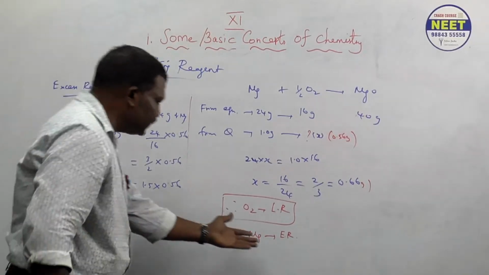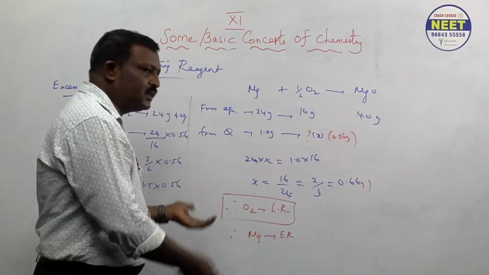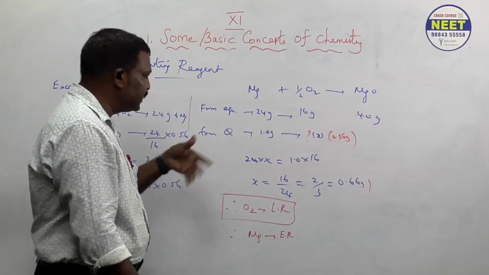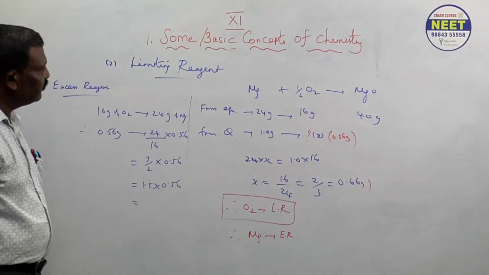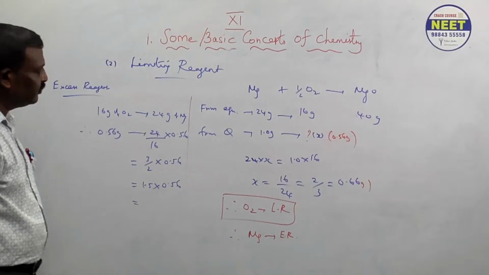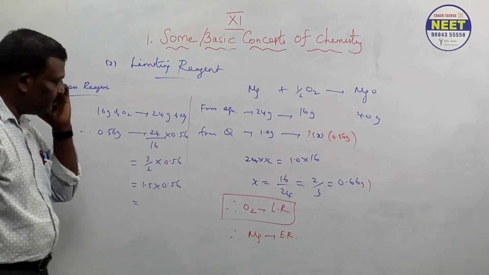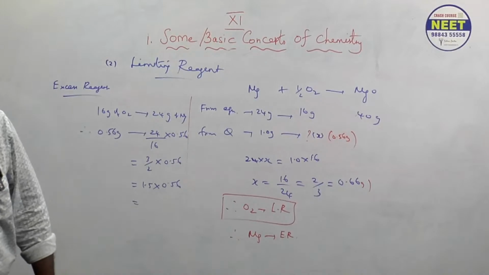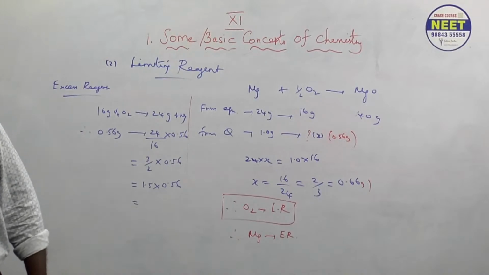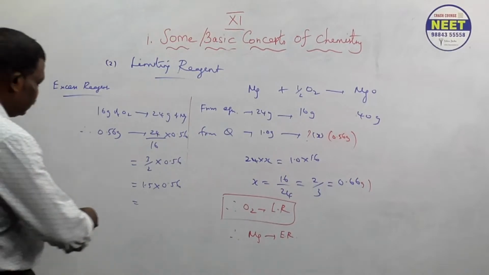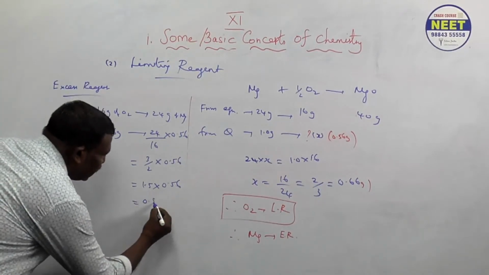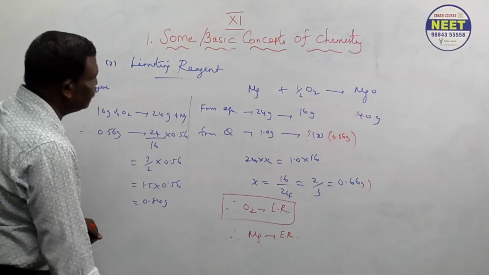That is how we found out the excess reagent. How much excess they are asking? That's the question. The value, I think 0.84 is coming. Correct or not? Yes, 0.84 gram. Understood?